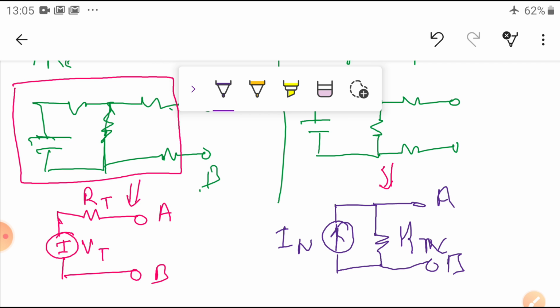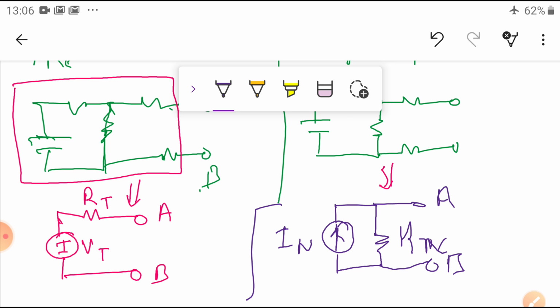Okay, so what is the difference? Here the voltage source and resistance are connected in series, and here the current source and resistance are connected in parallel. This is known as Norton's theorem, and this is known as Thevenin's theorem.